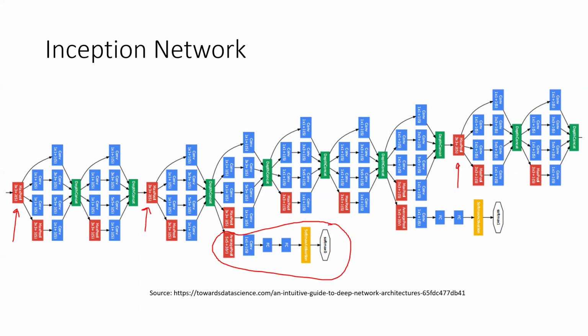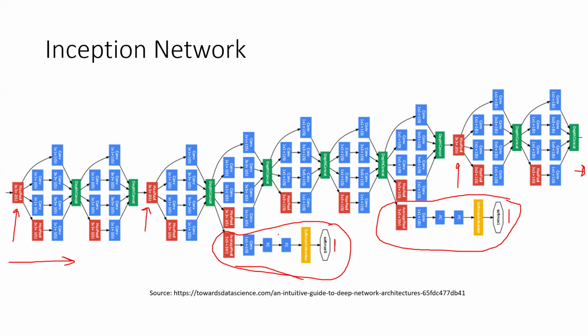And also you can see there are some output blocks in the middle. So this is the input side. This is the way the signal is passing. But before it is passing to this end, you check with some special neural network with a softmax classifier, and then we get the output. Here also we do the same.